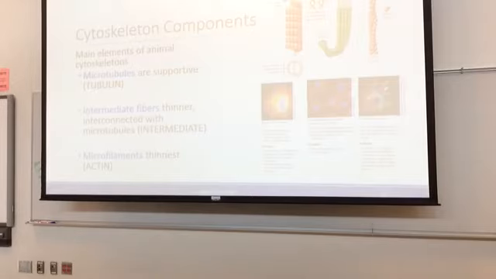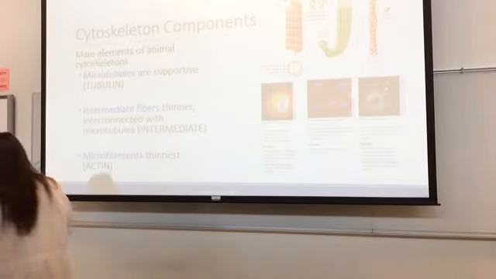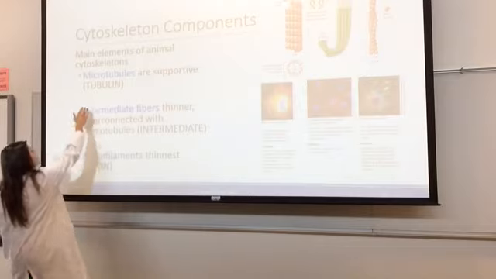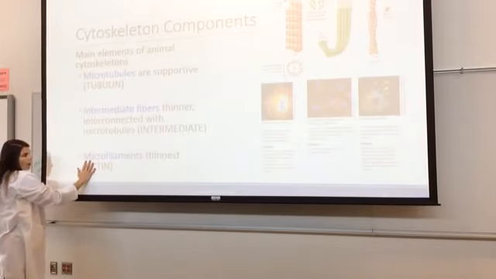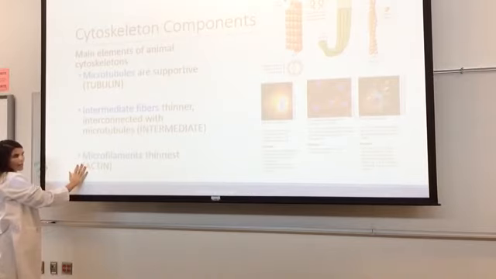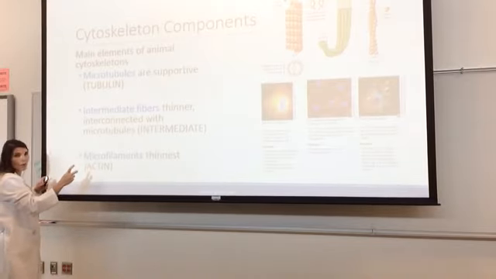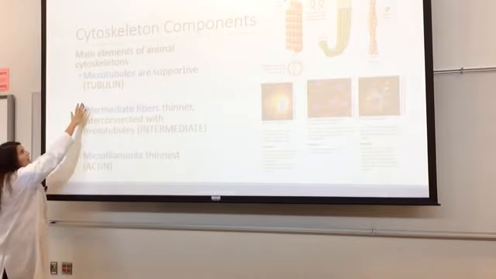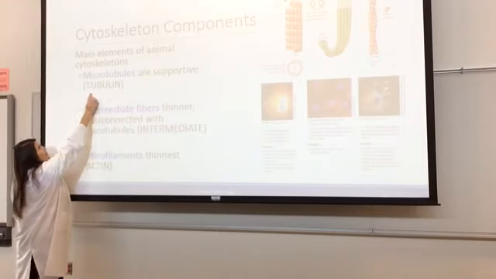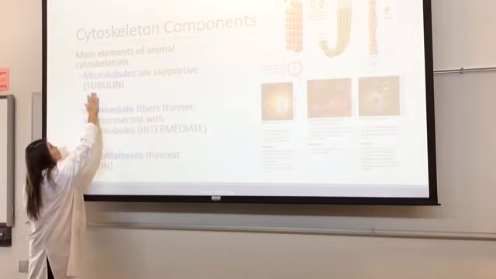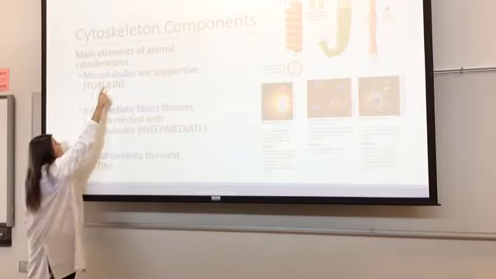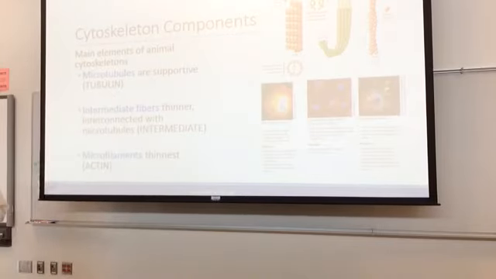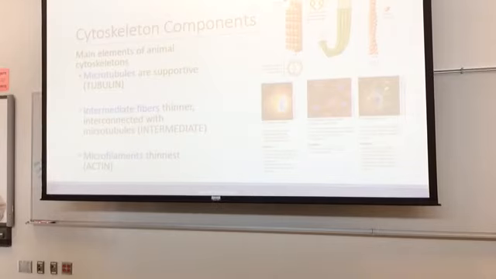Again, these diagrams came straight out of your text, but I've broken this up. Here's large, medium, small, as far as the components of the cytoskeleton, or the bones, if you will. So I have the microtubules, and then in parentheses, tubulin. Tubulin is the name of the protein found in microtubules. You have to know that. So that's why I grouped these together.